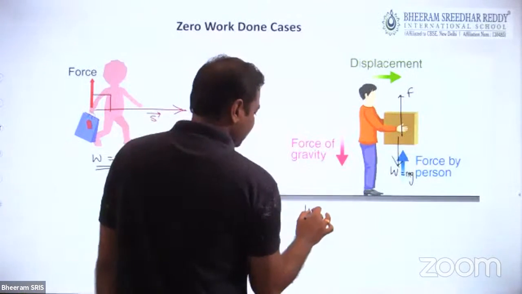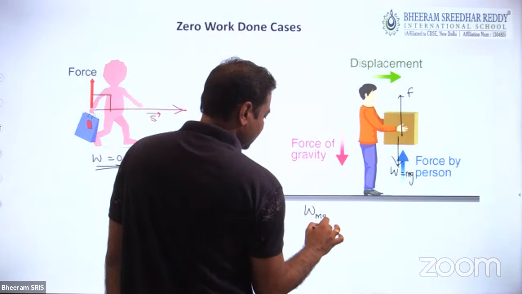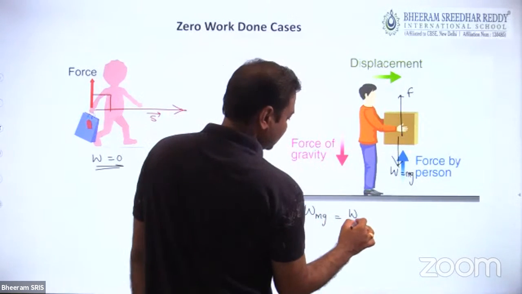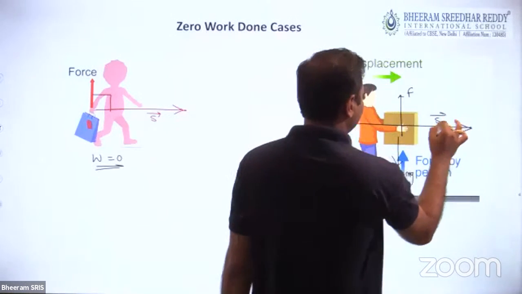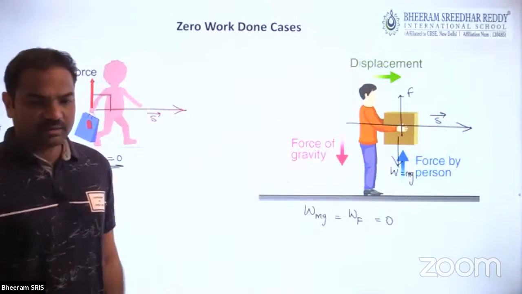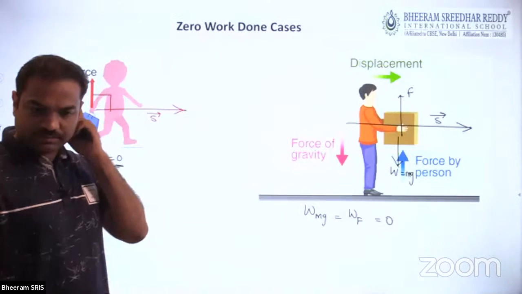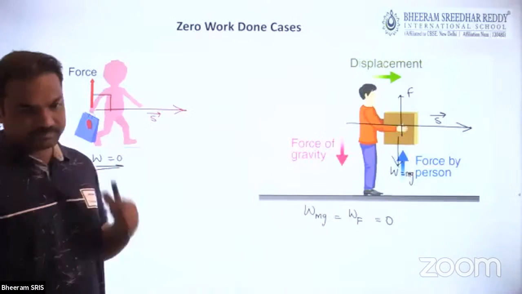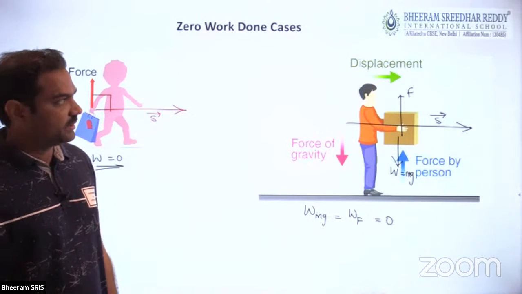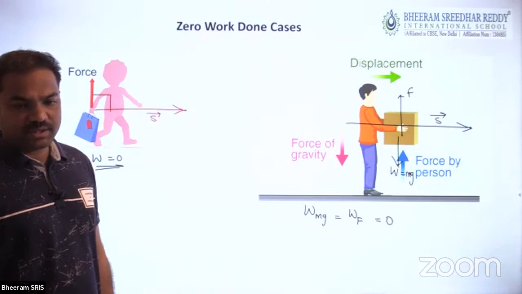Then work done by mg and work done by force F both will be zero because the displacement is along the horizontal. If he is moving along the horizontal, work done will be zero. Work done by gravity is zero, work done by F also will be zero. So these are the zero work done cases.